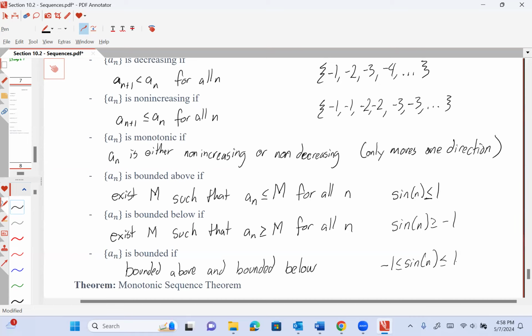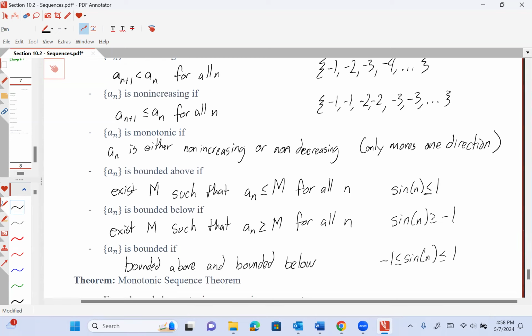And these theorems give us a property altogether that we have generally seen in some cases, but it hasn't been pointed out. It is known as the monotonic sequence theorem.